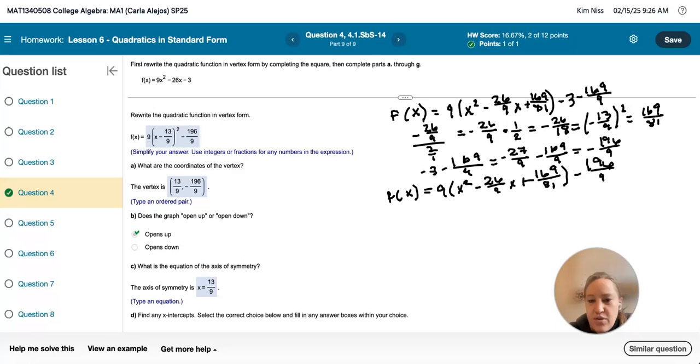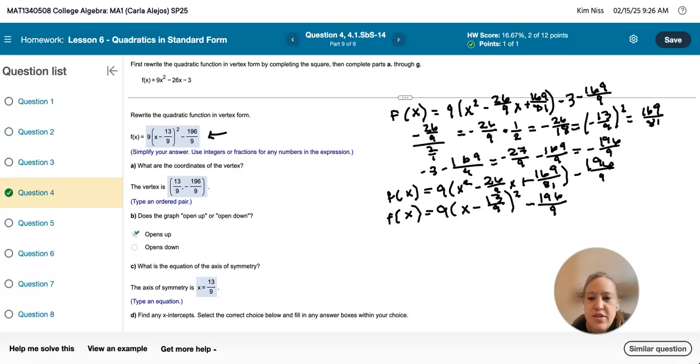And so pretty simply, it's just a matter of factoring it using 13 and 9. So this just turns into x minus 13 over 9 squared minus 196 over 9. And now we have it in vertex form. So that's how we got this answer.